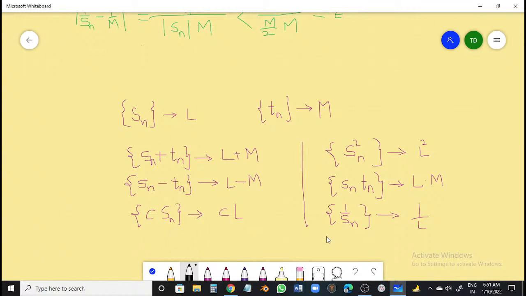We want to handle the sequence of the type Sn upon Tn, means we are handling term-wise quotient of the sequence, and we want to prove that it converges to L upon M. So this is our upcoming target.